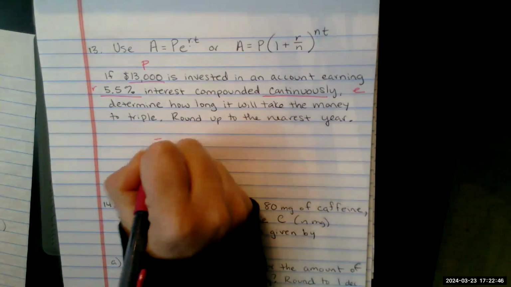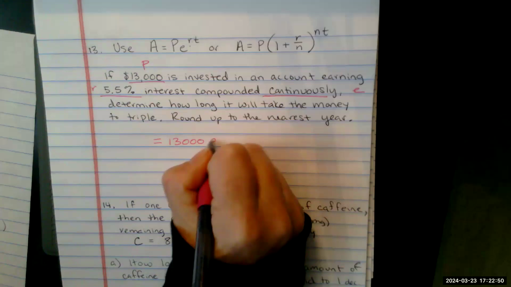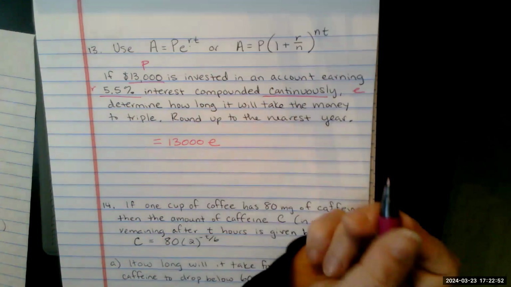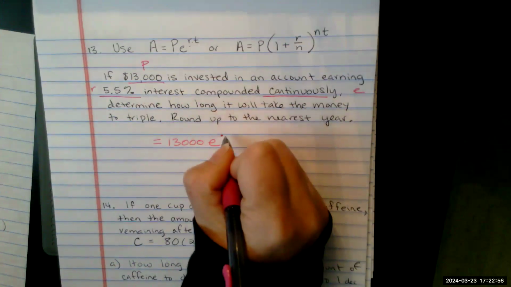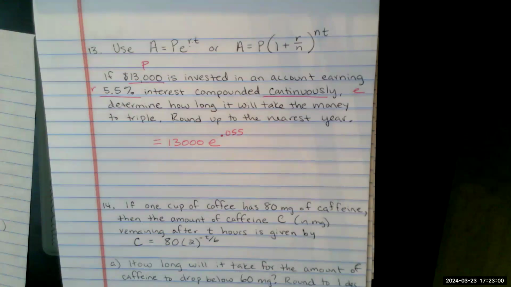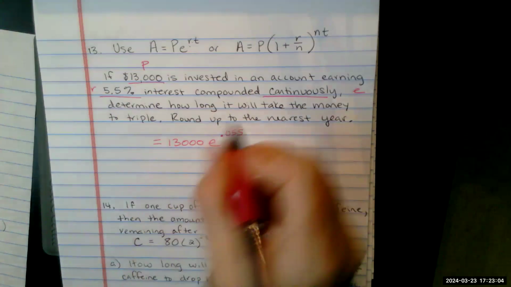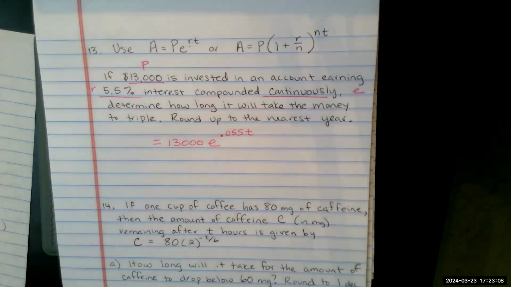So I know that I'm starting with 13,000. I know I'm using the formula that's Pe to the rt. My rate is 5.5%, but be careful that you change it to a decimal, not a percent. So that would be 0.055. And we do not know t, and that's what we're trying to find.